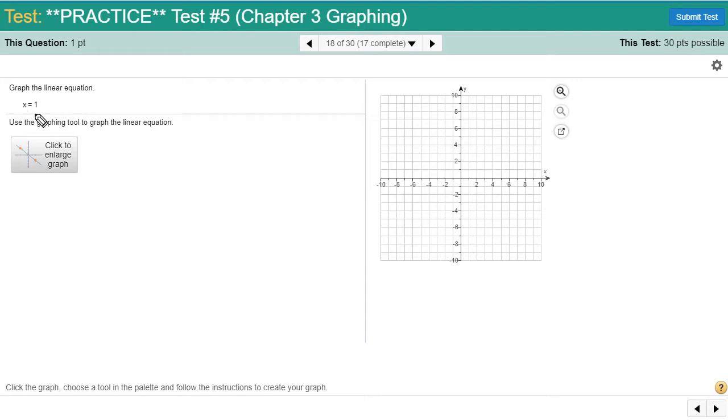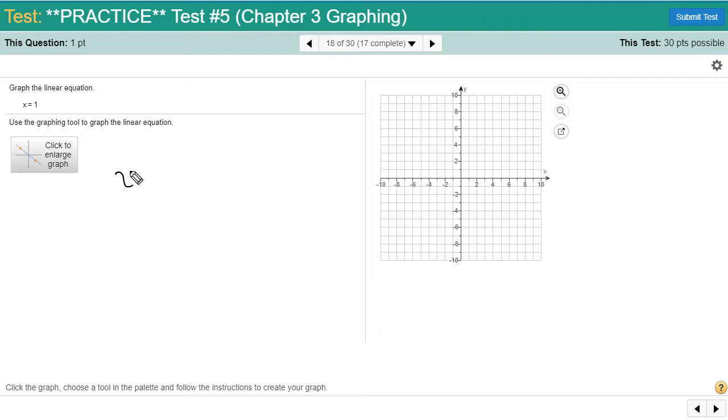If your equation has a single variable, if it has just x equals some number, or if it has y equals some number, graphing those two types of equations require absolutely no work. And before we graph this, let's quickly review.